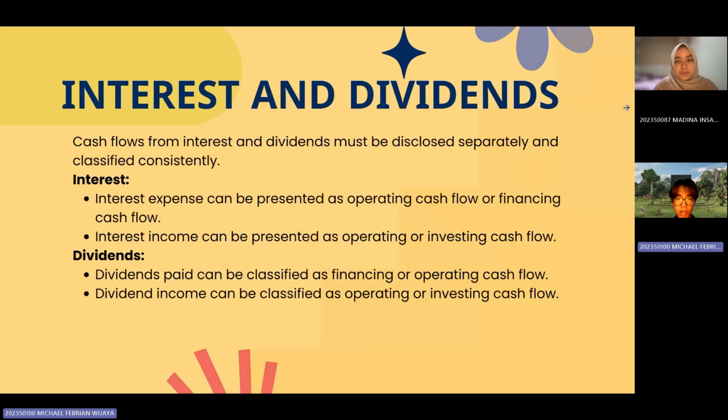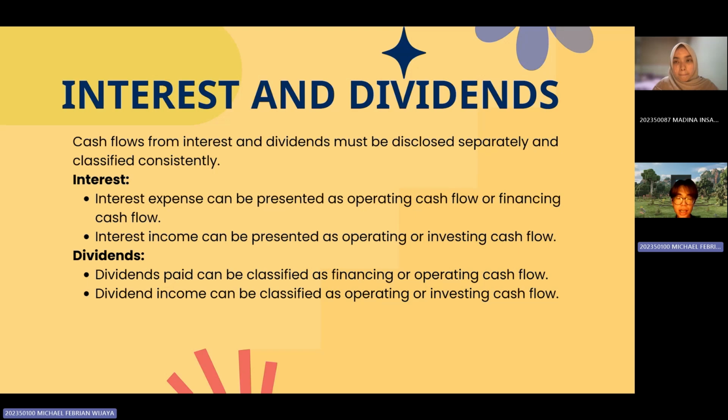Okay, so next we are going to the interest and dividends. Cash flows from interest and dividends must be disclosed separately and classified consistently. Interest expense can be presented as operating or financing cash flow. Interest income can be presented as operating or investing cash flow.